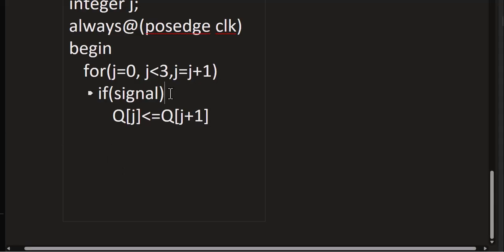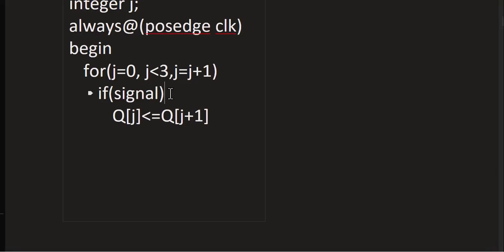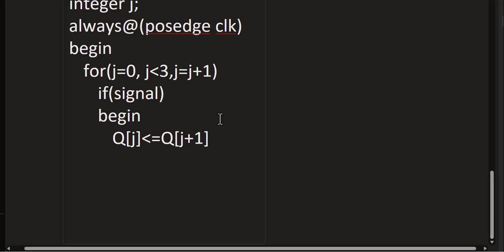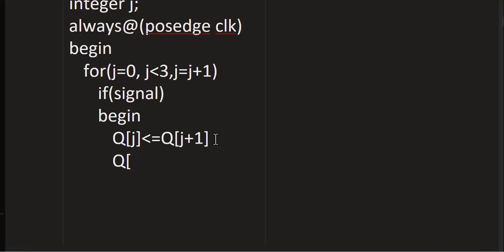I actually need if signal begin, because this was only if it equaled 1, we had Q3 becomes equal to left in.